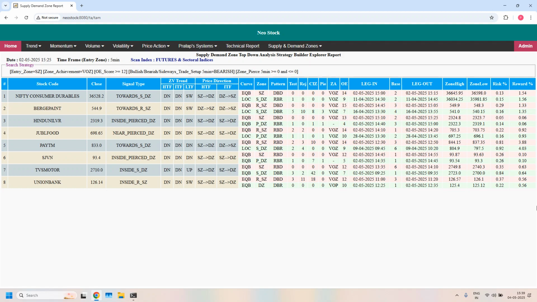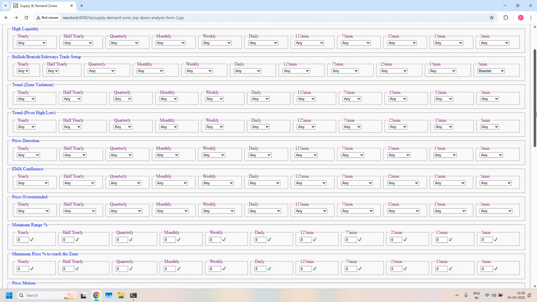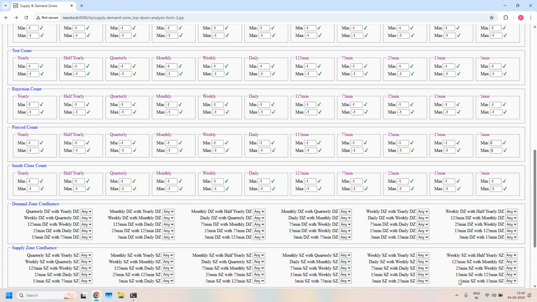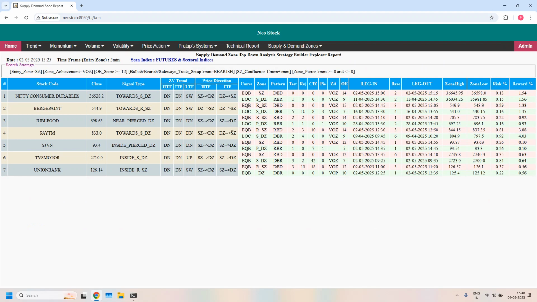Out of these 8, how many have a higher probability of success? That we will filter based on zone confluence. First filter is LTF and ITF supply zone confluence, that is 5 minute and 15 minute supply zone confluence. Enable the filter. We got 7 stocks. In all the 7 stocks, 5 minute supply zones are overlapped with 15 minute supply zones, and the 15 minute trend is down in all the stocks.